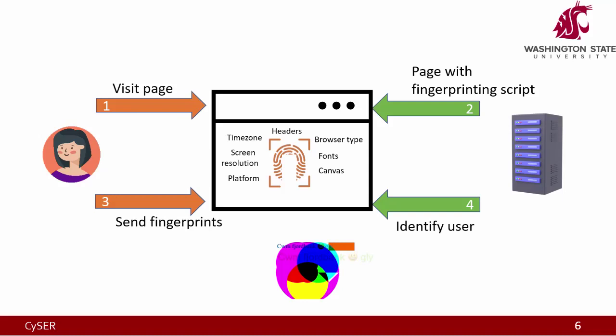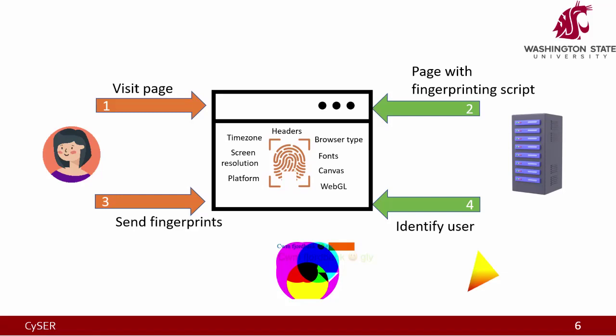Okay, canvas fingerprinting again. This is an interesting fingerprinting attribute. The website has the browser draw a specific image, and how the browser renders this image depends on the underlying environment, the software and the hardware of the device. With our own eyes, we cannot tell the difference across different devices, but we can compute a hash value based on this image data, and this hash value can be used to track the user.